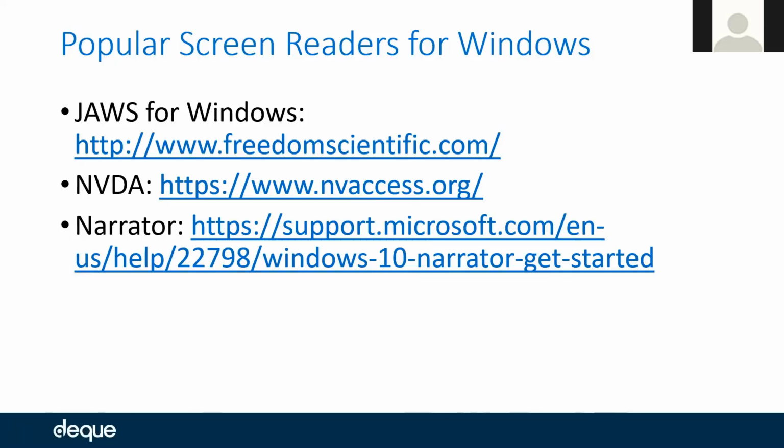NVDA, non-visual desktop access is what that stands for, is a free open source screen reader made by the NV Access Foundation. Narrator is a screen reader that's built into Windows, and it's really come a long way over the past year and a half. Major changes have been implemented in Narrator, truly making it a screen reader to be taken seriously.